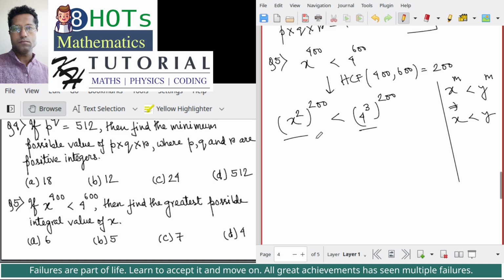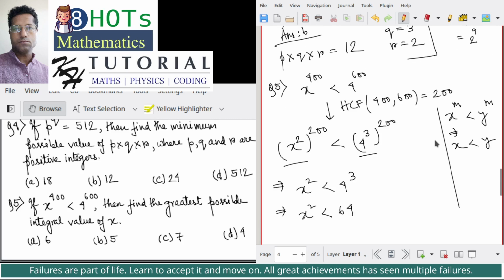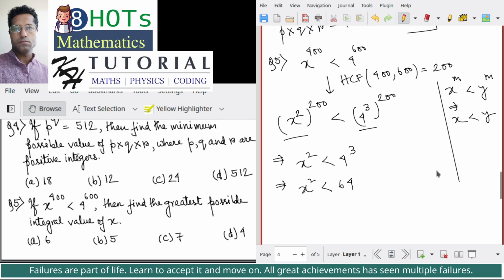So applying this concept, I can say x square is less than 4 cube, which means x square is less than 64. Now you have to apply basic arithmetic, basic logic or common sense, and see what the greatest integral value of x can be, so that x square is less than 64.